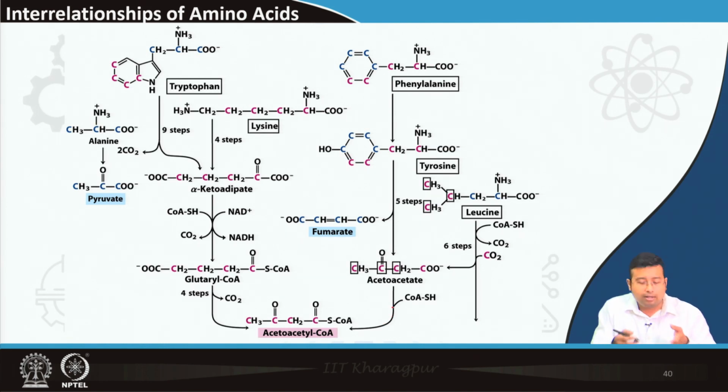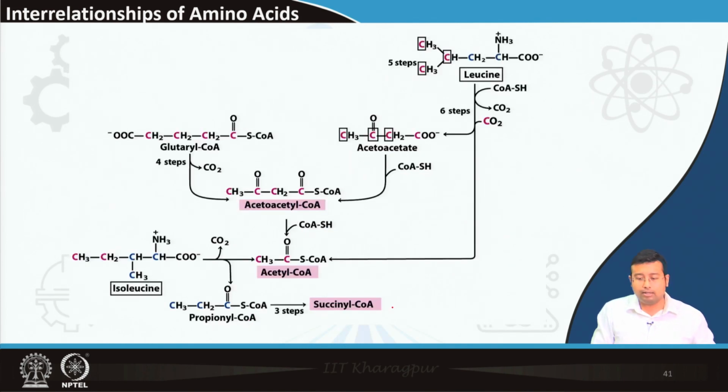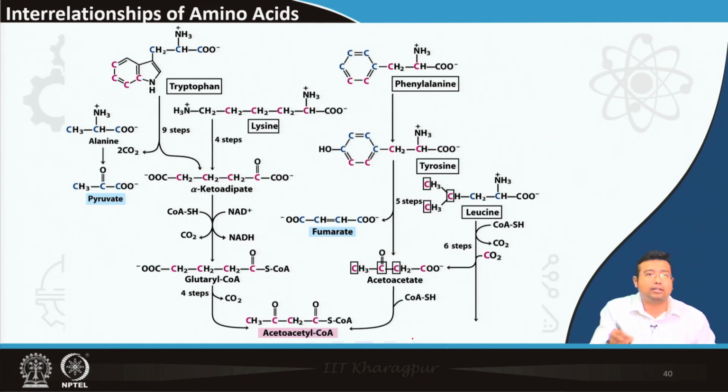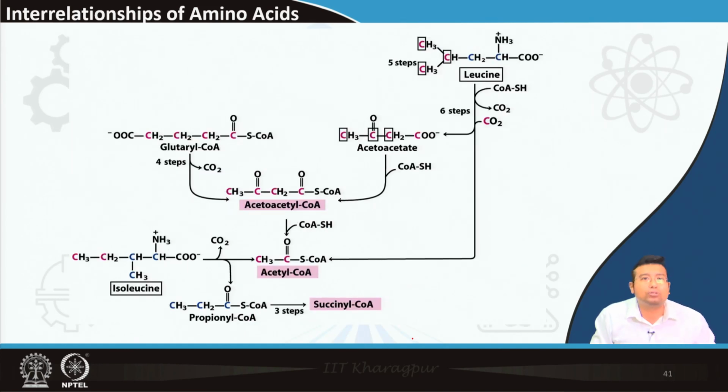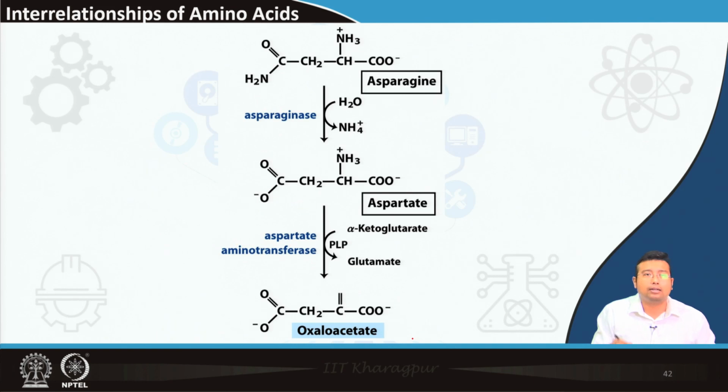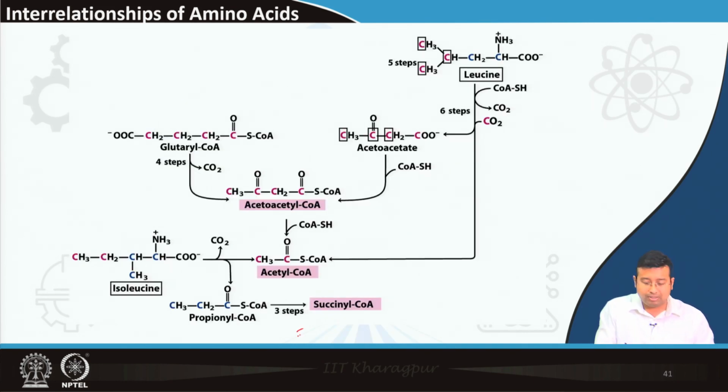So, we have magnified this. This is for you to just recall what was taught before, so that you can connect all the dots over here, and finally you can also join all the amino acids to their common ketogenic fate, which again lies over here, which ends over here, right.